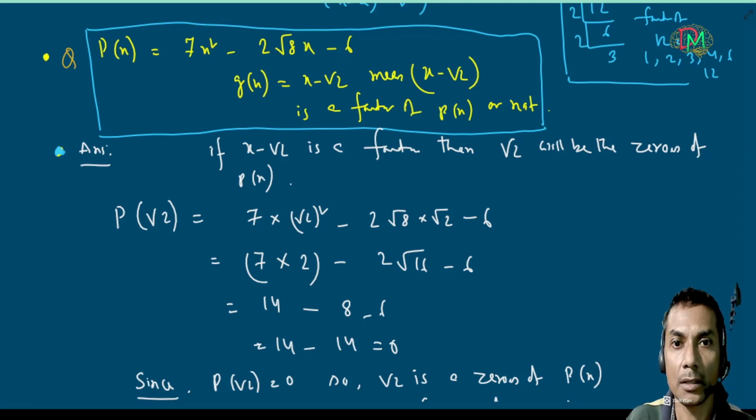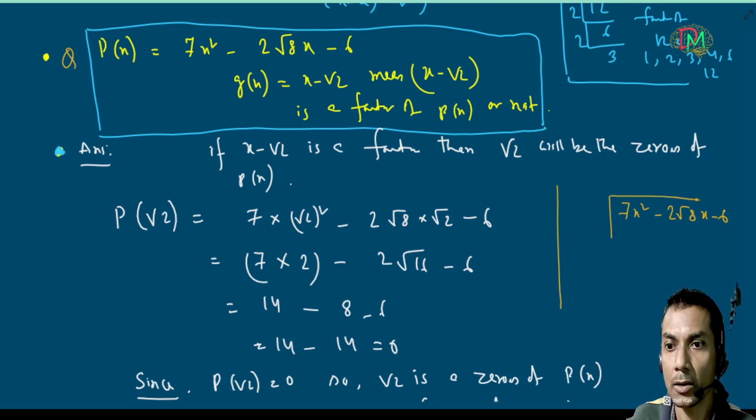For your clear understanding, I just tell you one more thing. If you divide this 7x squared minus 2 root 2 x minus 6 with x minus root 2, you get the quotient q(x).